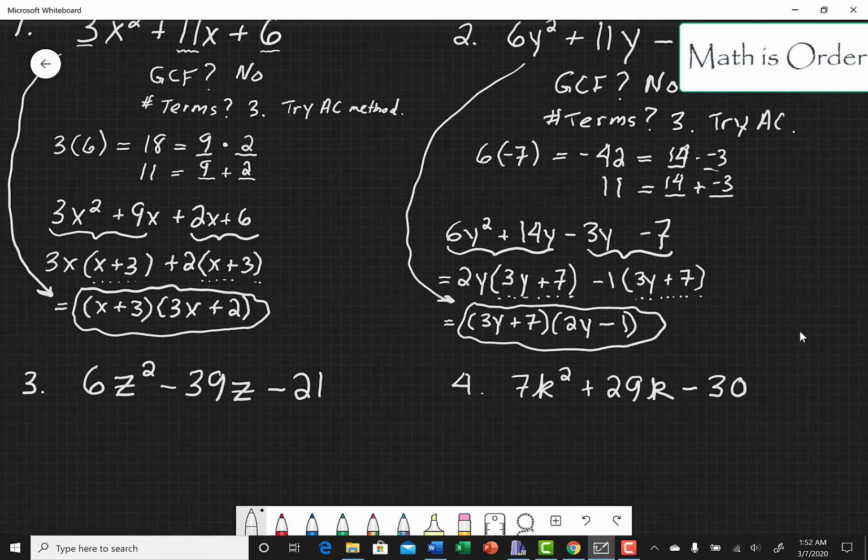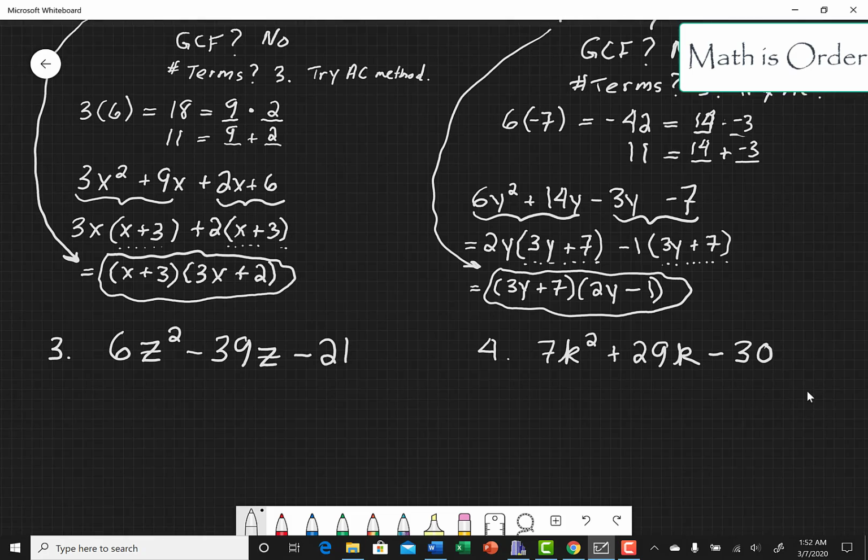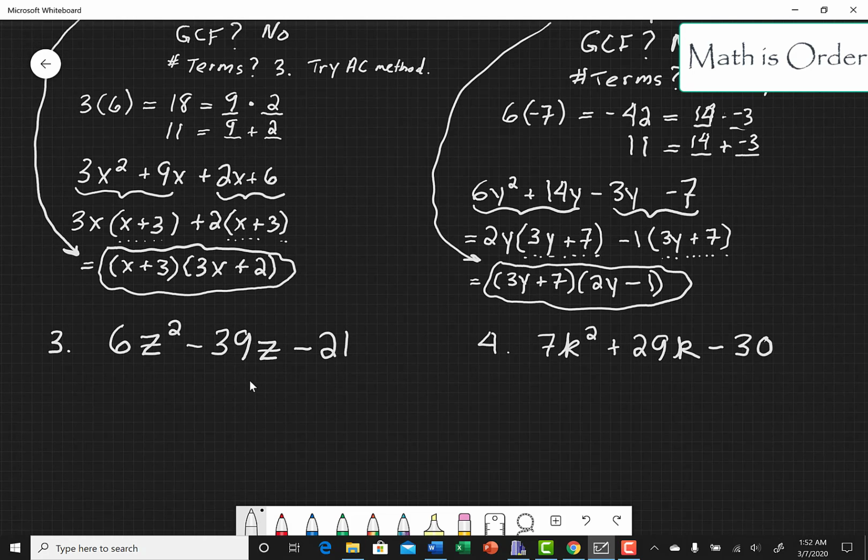All right, moving on to number 3. This time we've got 3 terms. This time we go through our same thought process. Is there a GCF? In this case, we do have a GCF. And what is the number of terms? 3. So we're going to try the AC method after we first take out that GCF.